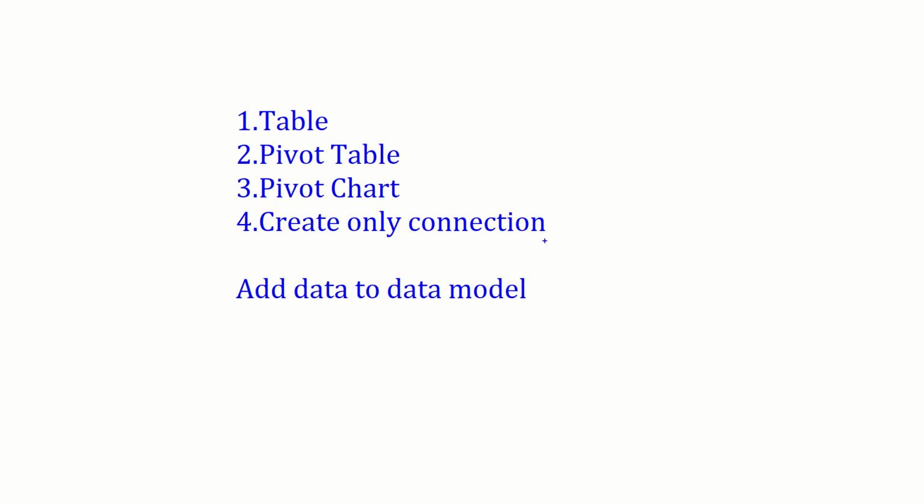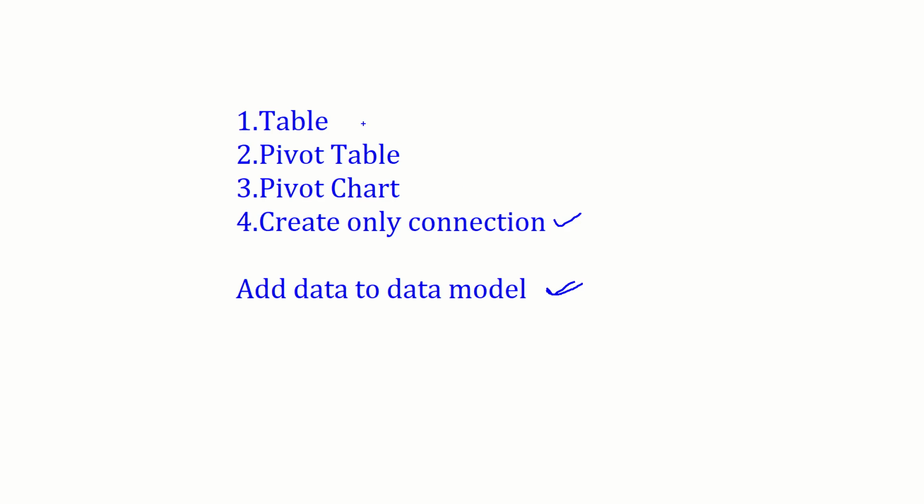That means the connection will be established, but I want to create a report based on this. Then you have to add the data to the data model. If you are not adding the data to the data model, the connection will be there, but you cannot create a chart. We cannot create a report. So if you are selecting create only connection, you should select this also.